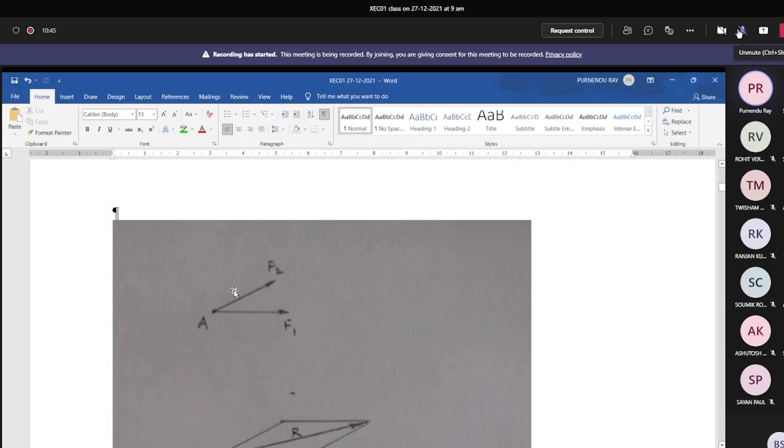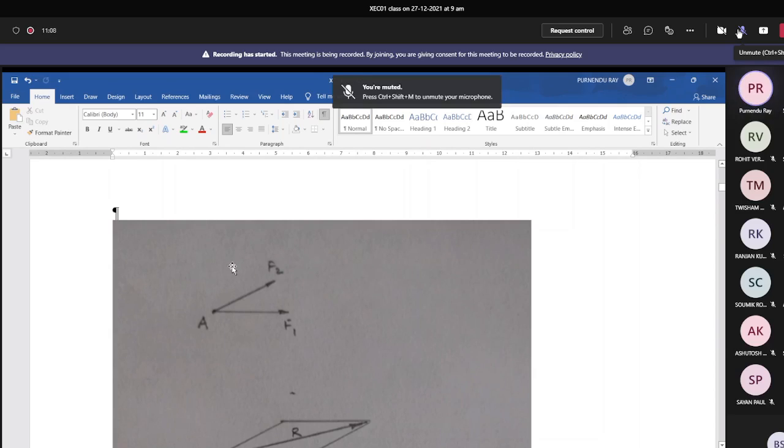Suppose F1, F2 and F3, these three forces are acting, and they are giving a closed vector polygon, that is a force triangle. Now, from that force triangle, you can draw F1 plus F2 plus F3 is equal to 0, and there you utilize the sine law.